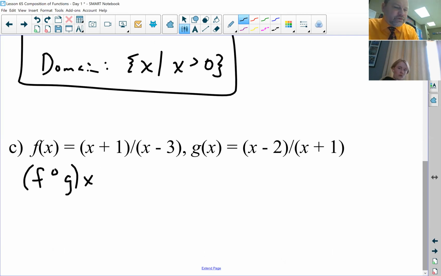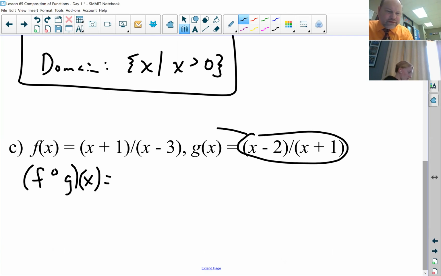So we'll do f composed with g. And we're going to take this whole fraction and plug it in for x.